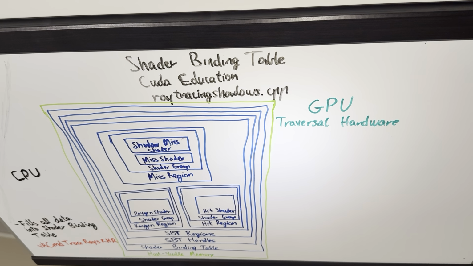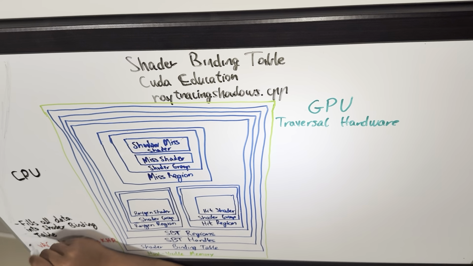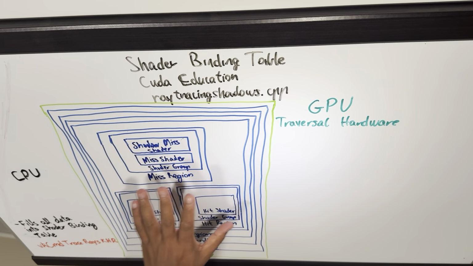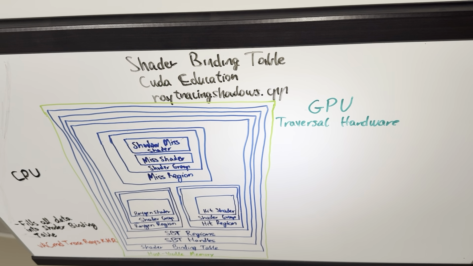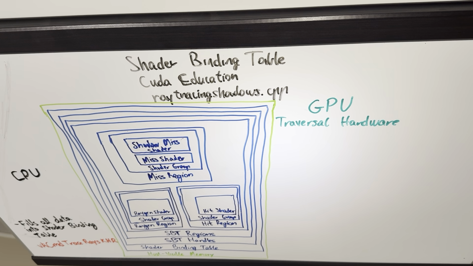All right. Yeah, it gets messy with this one, but all right. So all of the information in here is being filled in by the CPU, okay? But the GPU is going to use this information. So that's pretty much that story right there.